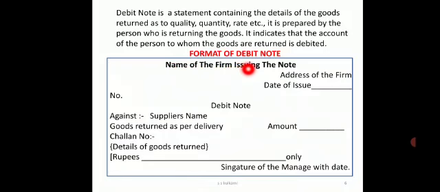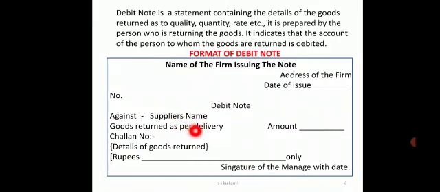You have the name of the issuing company, then the name and address of the firm which is returning, and to whom it has to be returned. The name of the issuing firm, our company's or business name, is given on top, then to whom it is being returned. Then you have the number, which is the debit note number. In between you write debit note, then against whom the debit note is, the name of the supplier.